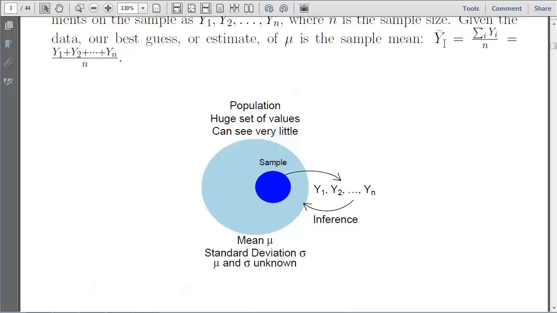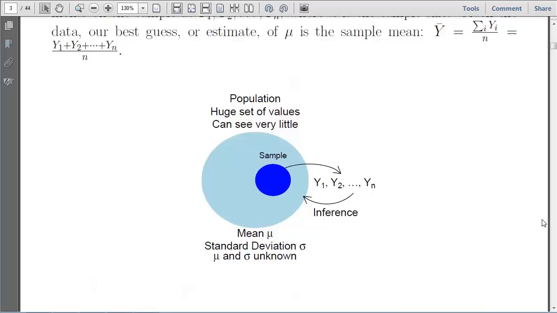And that is going to be our best guess for what the population mean is. And so that will be our inference for that. And our confidence interval sort of gives us a range of plausible values of that population mean, though the technical definition of a confidence interval is typically not what we care very much about.